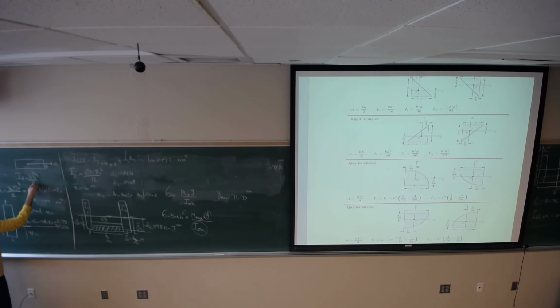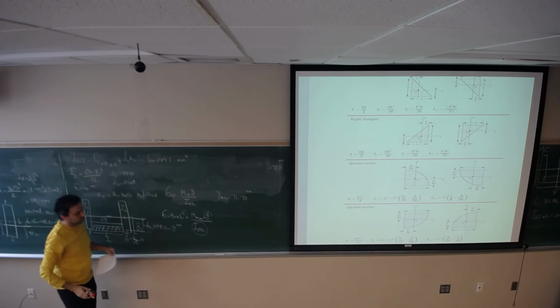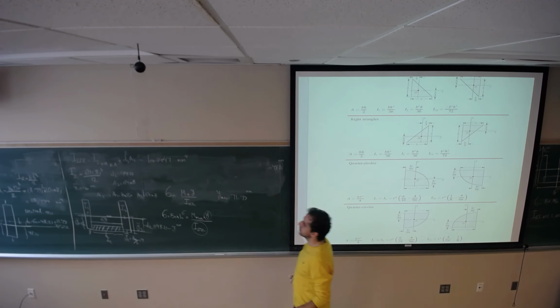If the axis is different, somewhere else, then you need to consider the distance squared multiplied by A. So it's another reason that we need to find the location of the neutral axis first.